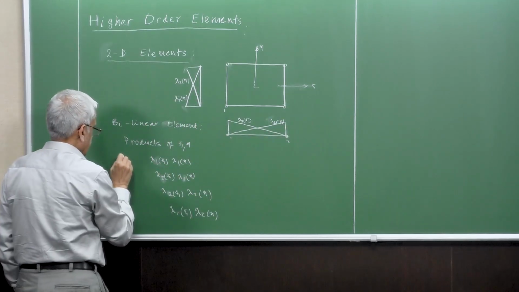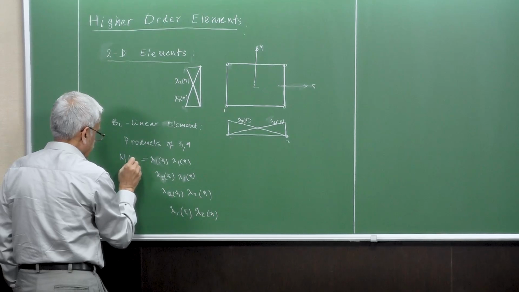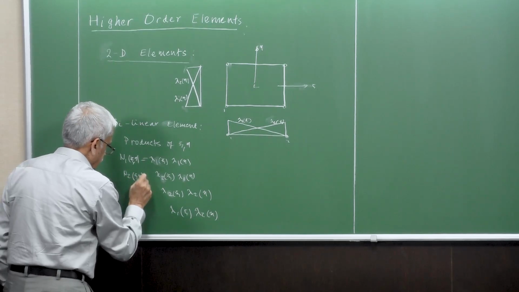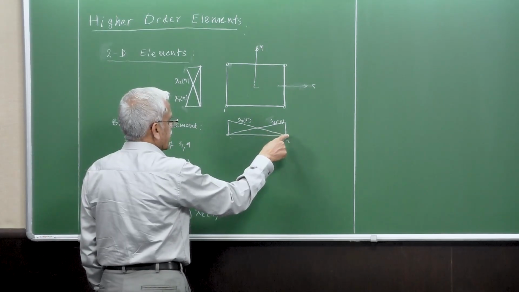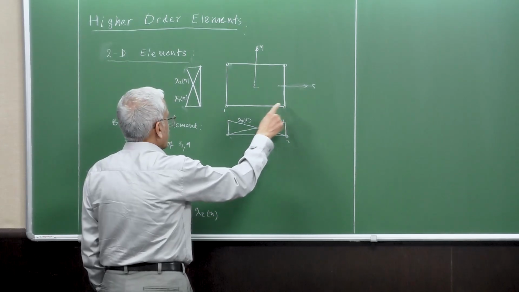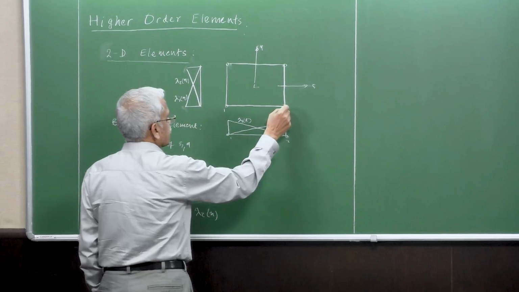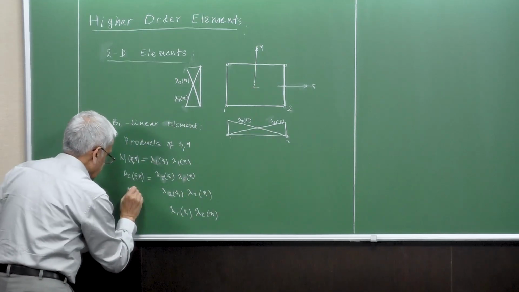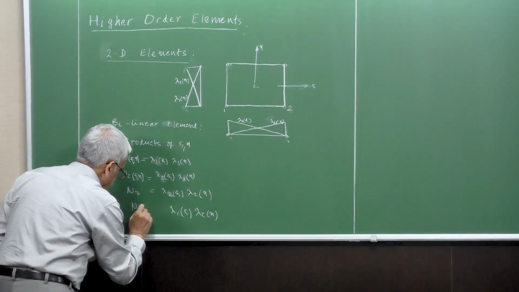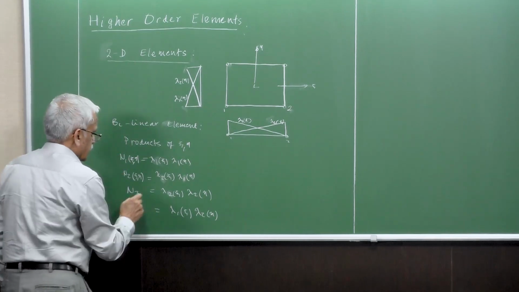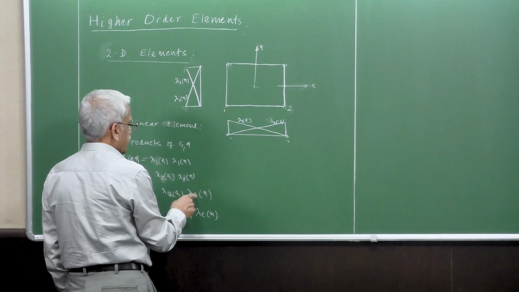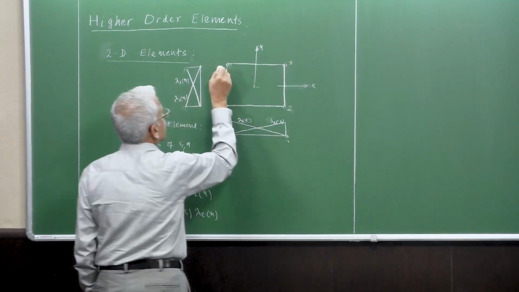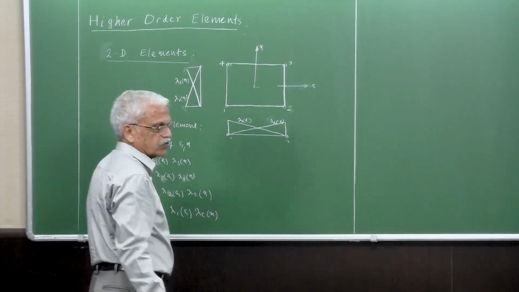And so lambda 2 psi is 1 here, and lambda 1 eta is 1 here, so that means this is 2, this is 3 and this is 4. So 3 is lambda 2 psi, lambda 2 eta, that is 1 and 1, so that means this is 3 and this is 4.